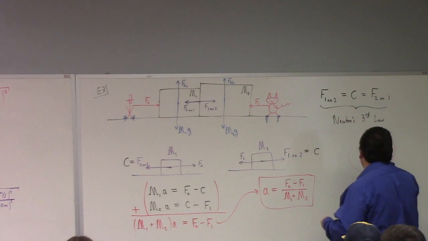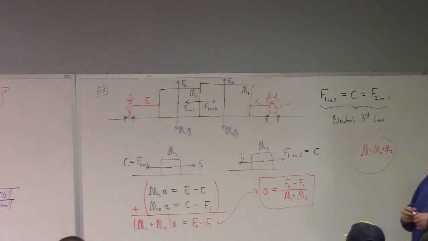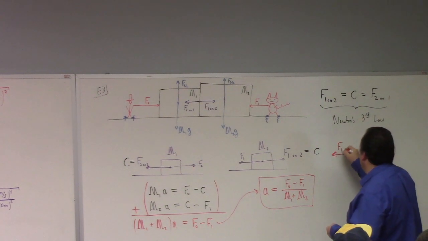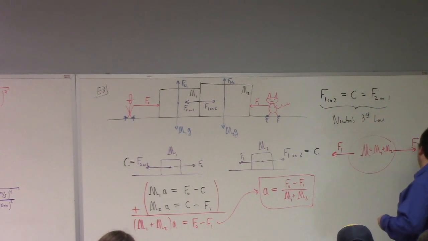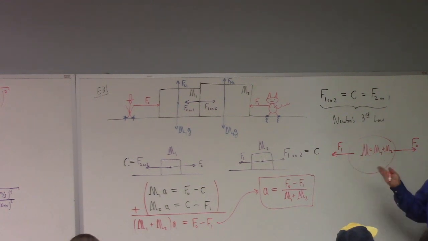If I just have one big mass, the mass is equal to m1 plus m2, right? And then the force on it is what? It's got F1 this way, and it's got F0 that way. And so, of course, the acceleration is F0 minus F1 divided by the mass. That's the acceleration, because F equals ma, right?